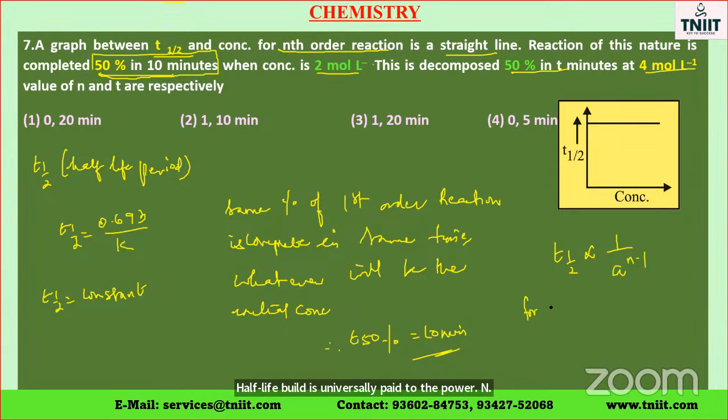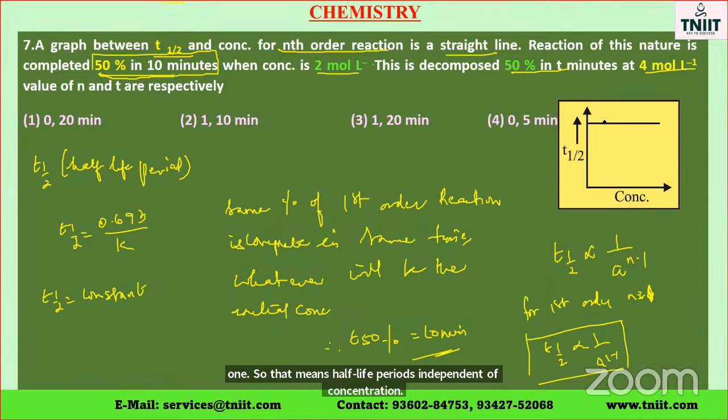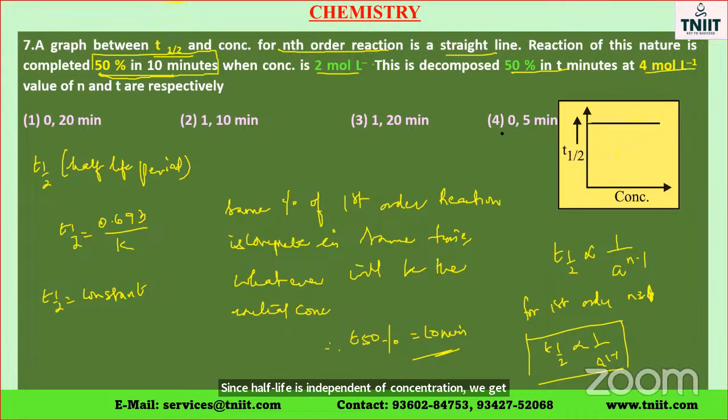For a first order reaction, n is 1, so T half is proportional to a to the power 1 minus 1, which is a to the power 0. Anything to the power 0 is 1. So half-life period is independent of concentration, and we get a straight line parallel to the x-axis. Therefore, the answer to this question is a first order reaction and the half-life period is 10 minutes.